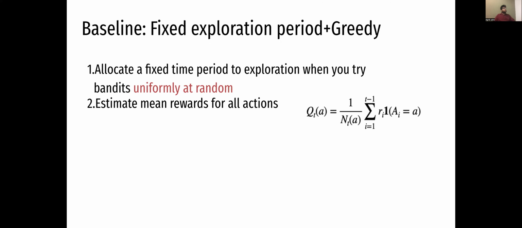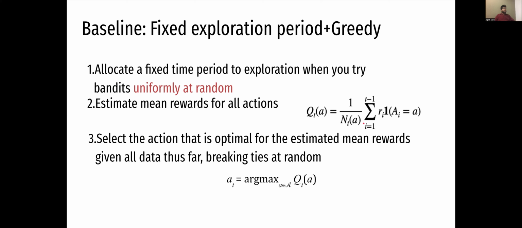Step two, we estimate mean rewards for all actions. So we do this towards each action, where an action denotes pulling the arms. And we estimate the mean rewards. You can see this is the formula of the mean of all rewards. This is the total number of times that the arm is pulled, and this is the average of all rewards for each action.